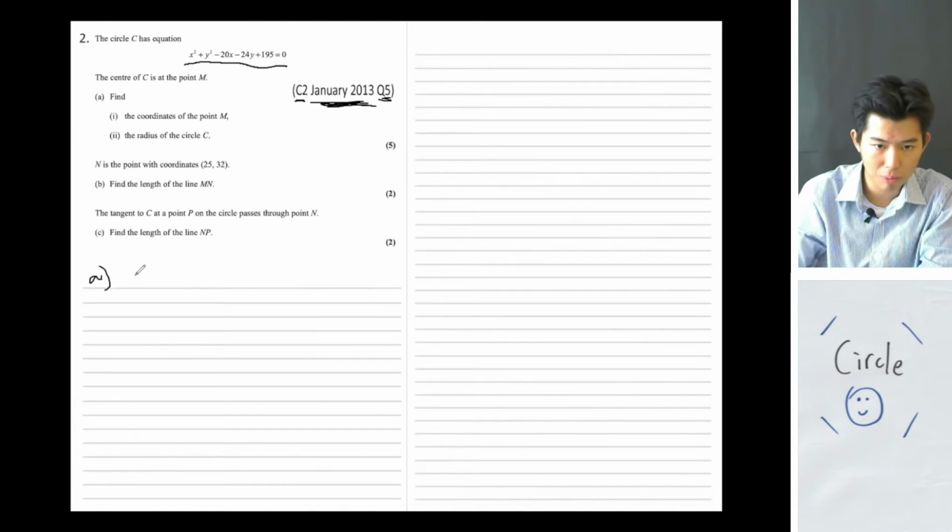okay, I'm gonna copy this thing down first. x squared plus y squared minus 20x minus 24y plus 195 equals 0.